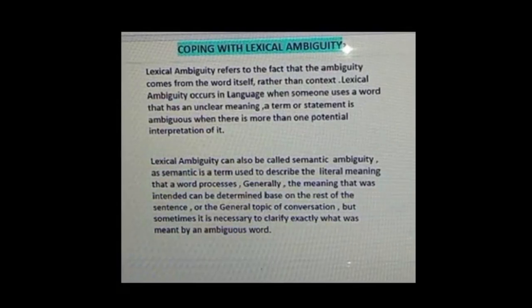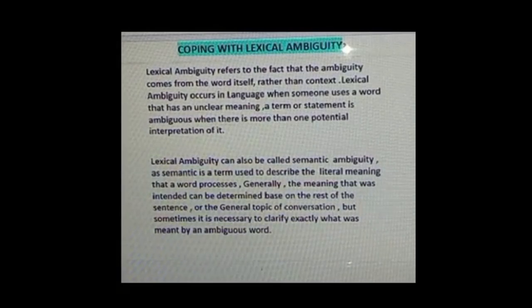Coping with lexical ambiguity. Lexical ambiguity refers to the fact that the ambiguity comes from the word itself, rather than the context. Lexical ambiguity occurs in language when someone uses a word that has an unclear meaning. A term or a statement is ambiguous when there is more than one potential interpretation of it. Lexical ambiguity can also be called semantic ambiguity.